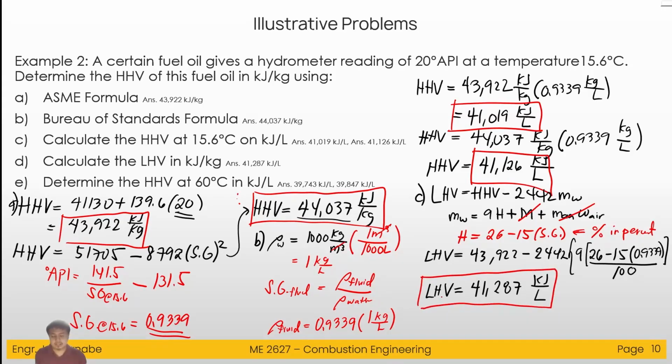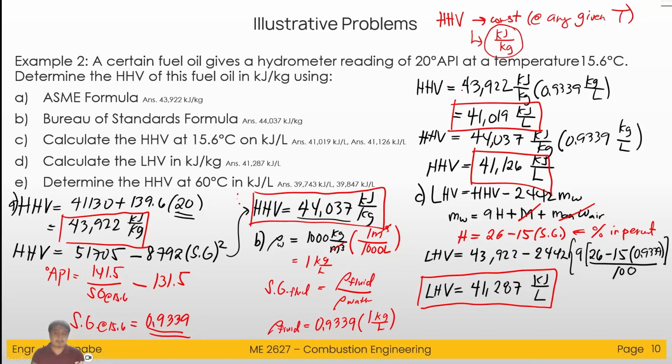Okay. And then for the last one, we want to determine the high rating value at 50 Celsius, in kilojoule per liter. So the trivia actually is that the high rating value will stay the same at whatever temperature, as long as the unit is in kilojoule per kilogram.